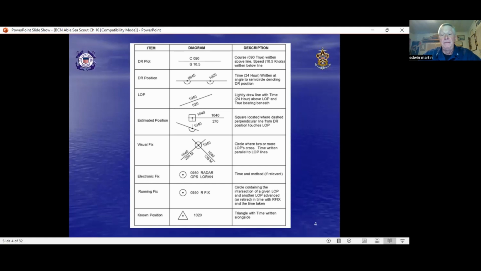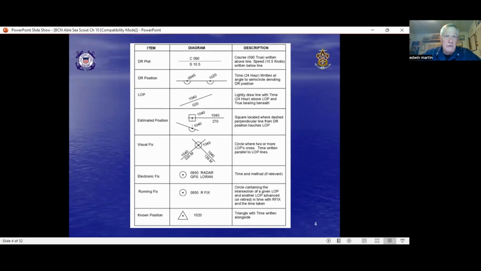Lines of position are basically bearings to other objects, usually written with a time and a direction, an angle. Estimated position, we'll really get into that a little bit later. Visual fixes are taken on bearings taken on fixed objects on shore.